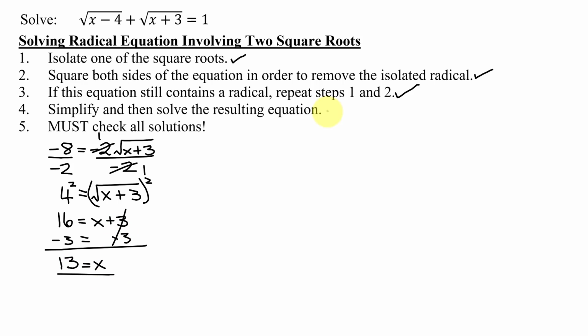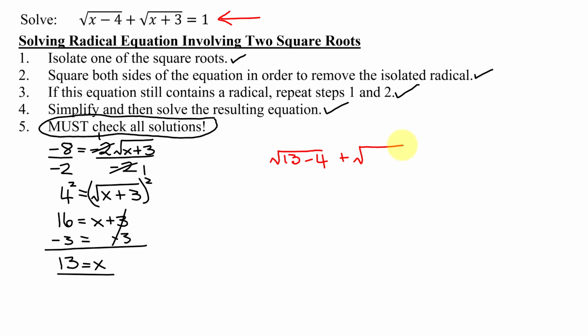So I have solved the resulting equation, but don't forget you must check for extraneous solutions, and that means plug the solution back in the original equation. So wherever you see an x in the original equation, you're going to put 13. So I'm going to get the square root of 13 minus 4 plus the square root of 13 plus 3.